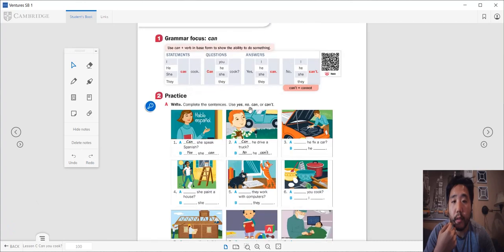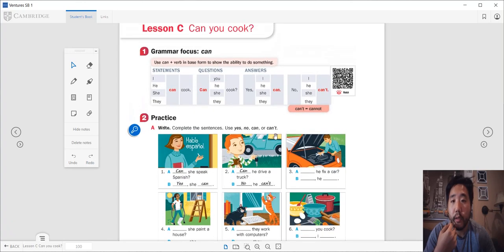So this is what I went over. Exercise 1, grammar focus: can. One more time, use can and a verb in base form to show the ability to do something. These are similar examples to what I showed you in part 1 video. If I use the pronoun I, I can cook, and cook is the verb. That's a statement. Now let's try to make a question and answer.